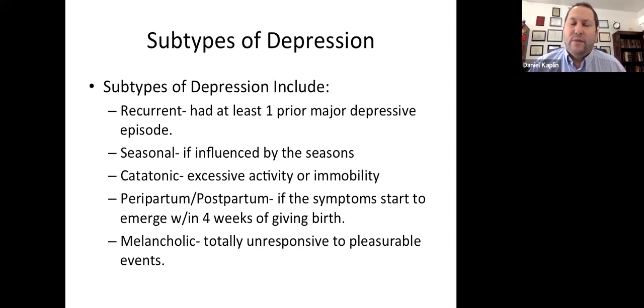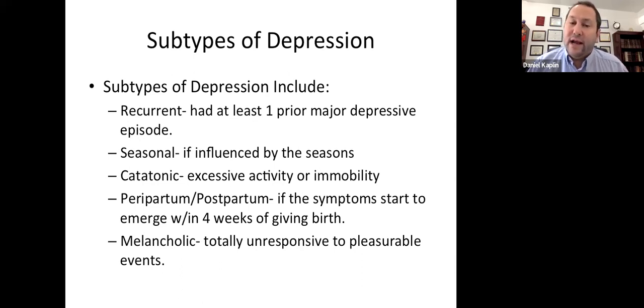So catatonia, a person can be immobilized or almost like frozen in time, or they can have excessive motor activity. So when you see that catatonia or catatonic state, you want to specify that. That's important.